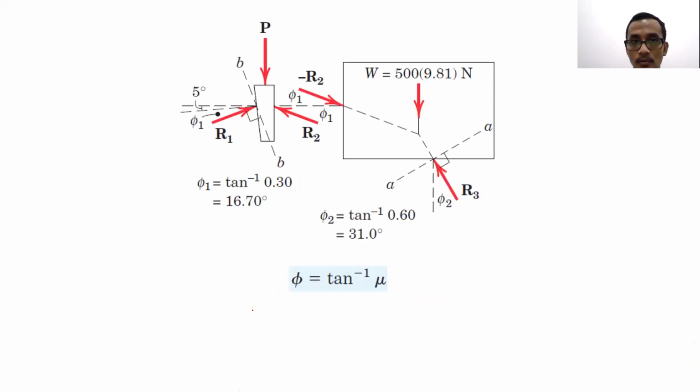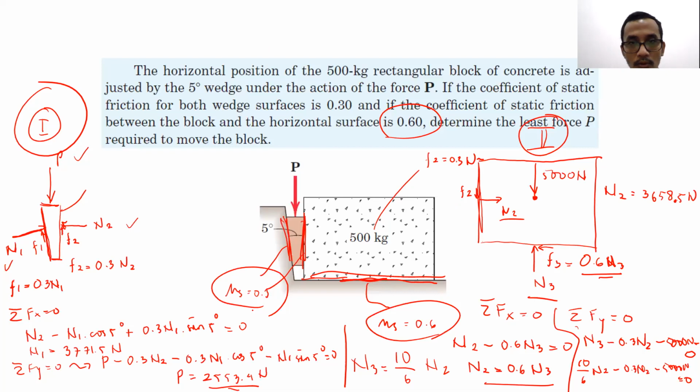Okay, so as you can see, the way to draw it, you can draw it like this. Normal force and friction force separated, but remember that the friction force there depends only on the normal force and the friction coefficient. The friction coefficient is known from the beginning, so it only depends on the normal force.